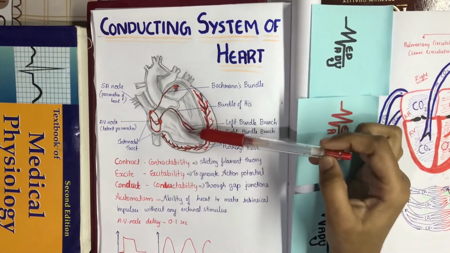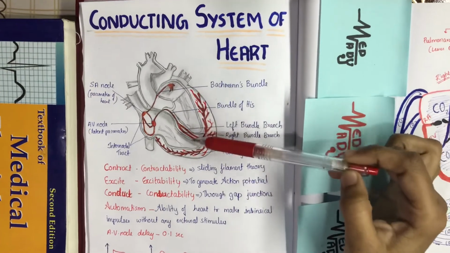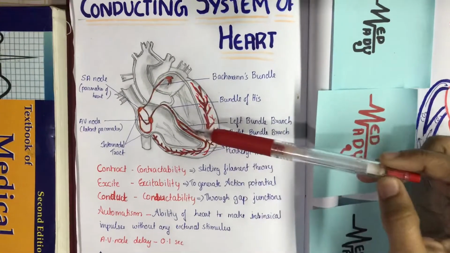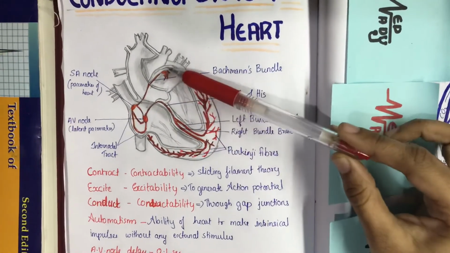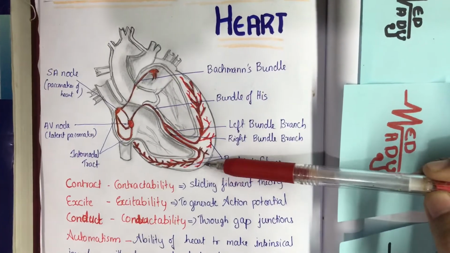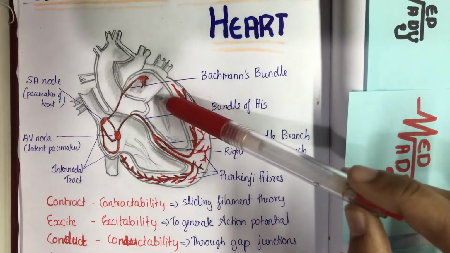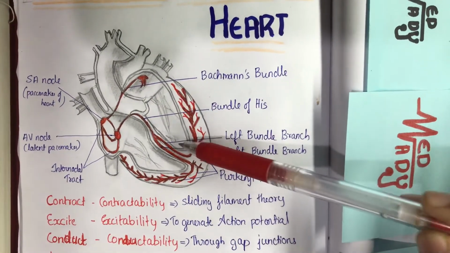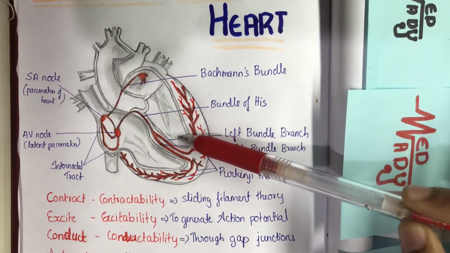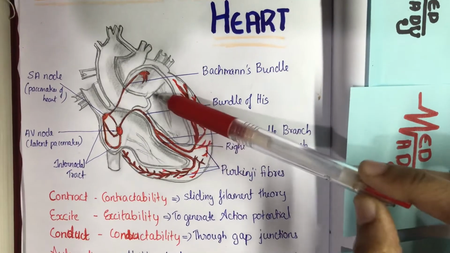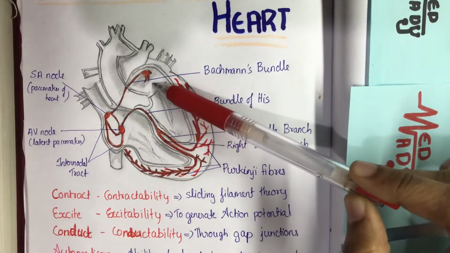And we know that if the impulses reach, then the wall will contract. So the atrium will contract, and at the same time the ventricle will contract. But just think: the blood is coming from the atrium in this direction, and if the ventricle is also contracting, then the blood has a tendency to flow back to the atrium.